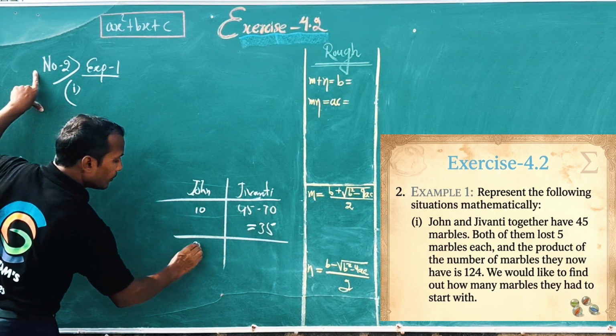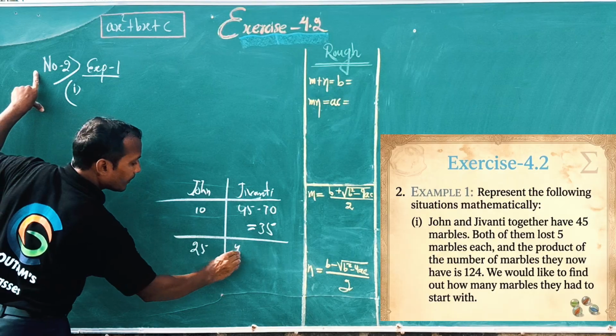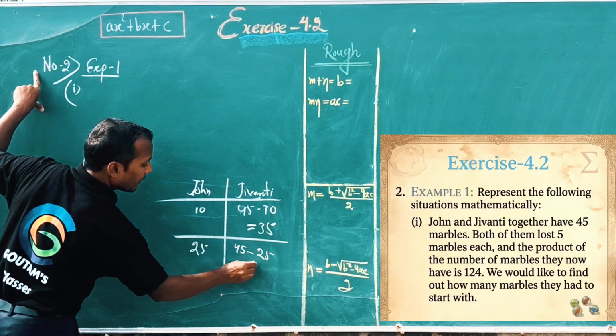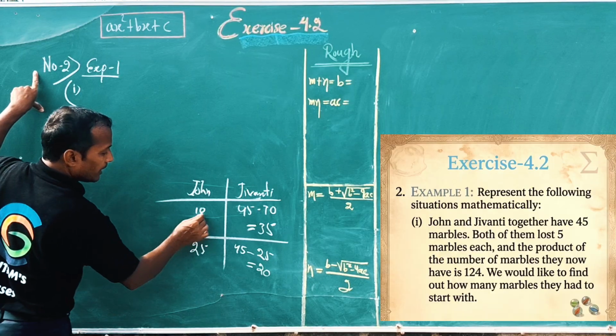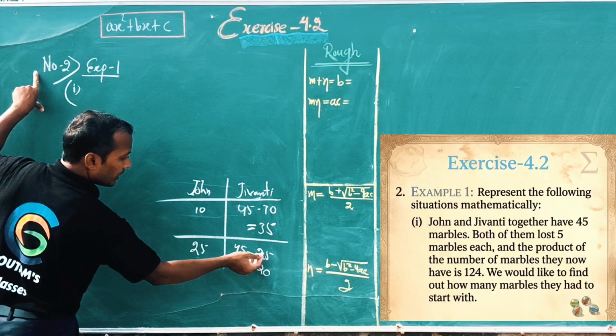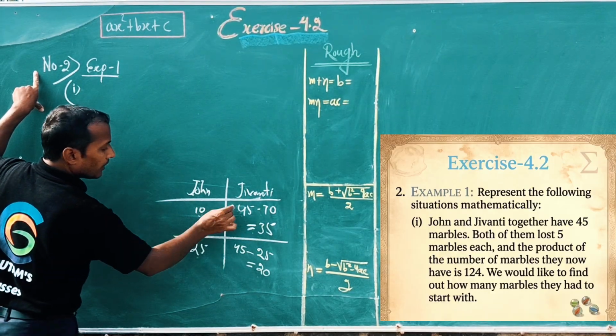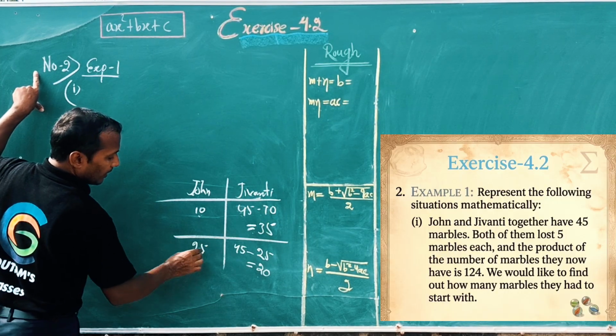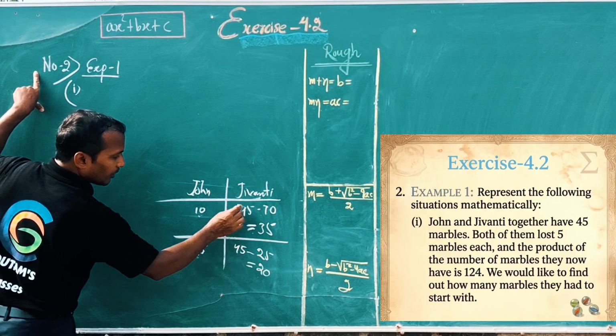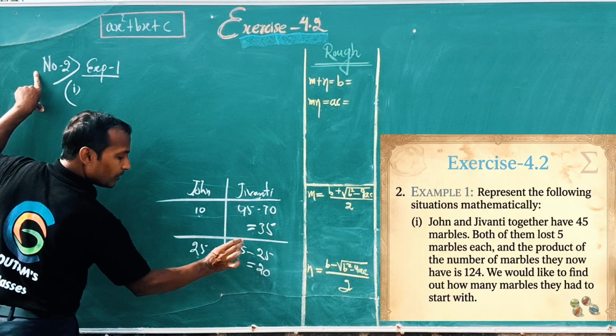If John has 25 marbles, then Jivanti will have 45 minus 25, that is 20. Together they have 45: 10 plus 35 is 45, 25 plus 20 is 45.